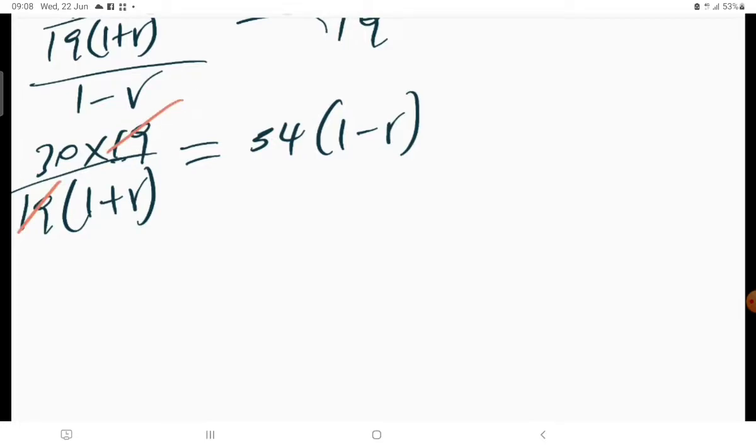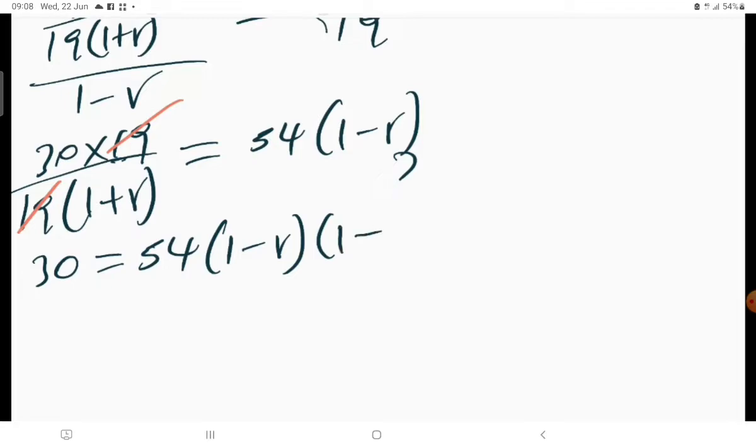Then we end up having 30, and we can take this one all the way to that side, your multiplier pair. So we have 54, then times 1 minus r, then 1 plus r. So this is what we have so far.